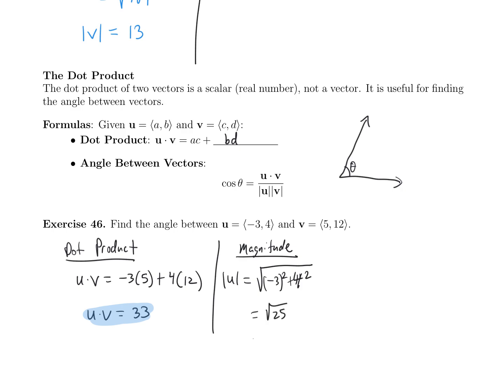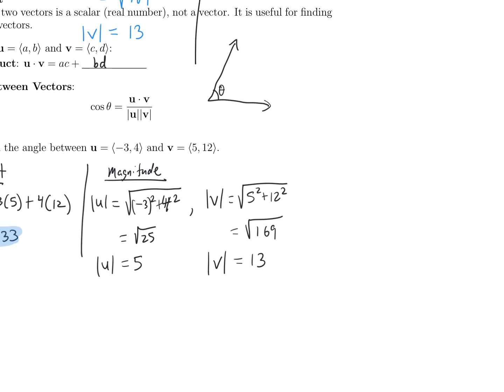Square root of 25 is 5. So we got the magnitude of u. Now let's find the magnitude of v. It's going to be 5 squared plus 12 squared, which is the square root of 169, which is 13.